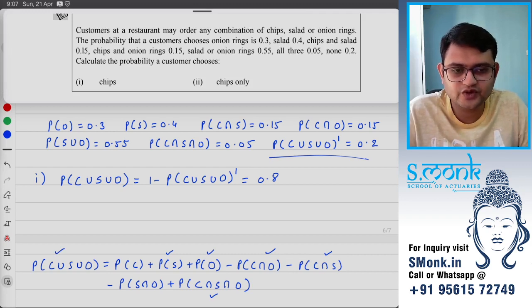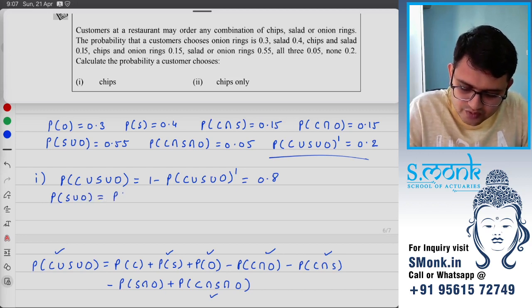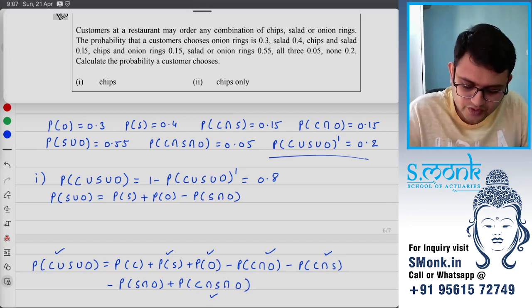Now we don't have the intersection between S and O, but we have the union. I can say the probability of S union O will be equal to the probability of S plus the probability of O minus the probability of S intersection O.